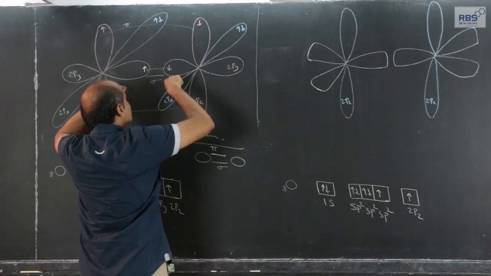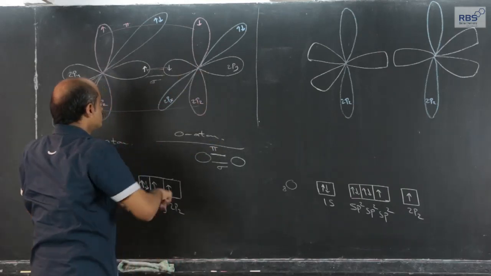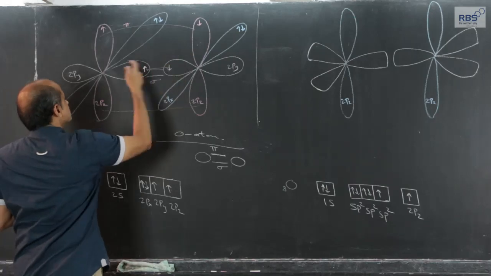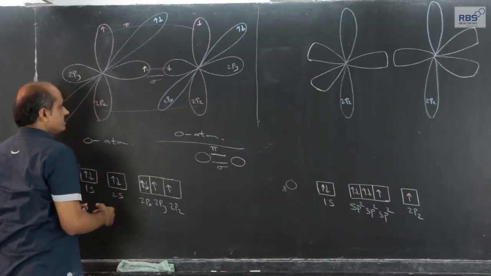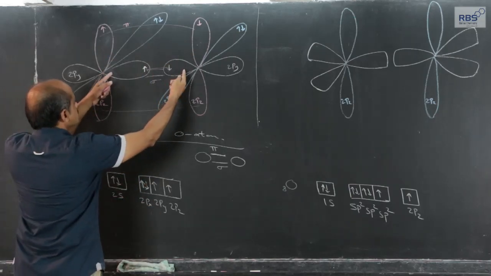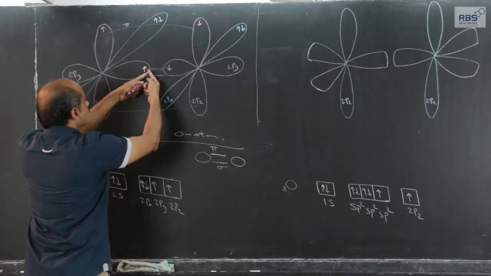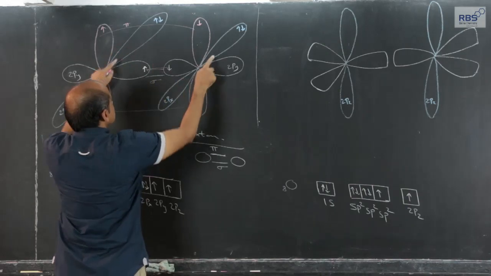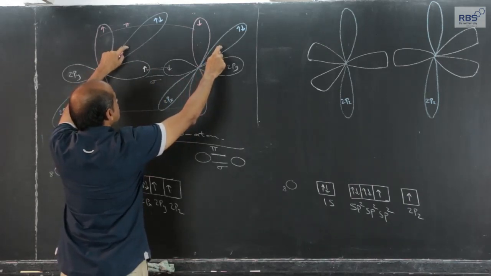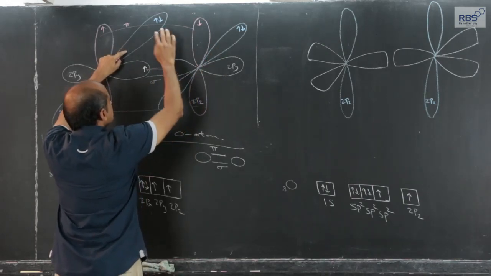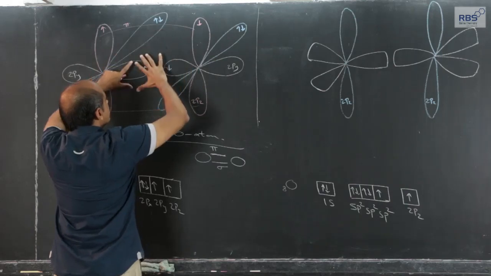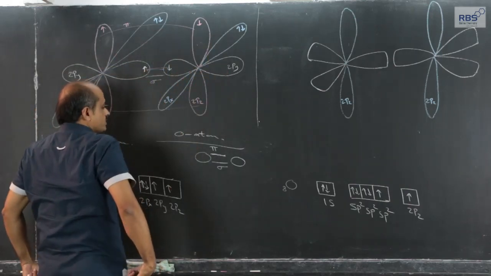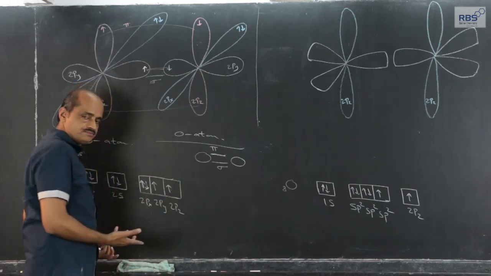This will destabilize the molecule. On paper it is easy if we consider only these two orbitals, but the moment these two orbitals overlap coaxially and these two in a parallel manner, we cannot avoid this overlapping of px, which are already filled. Therefore, without considering hybridization, O2 molecule formation cannot be shown.